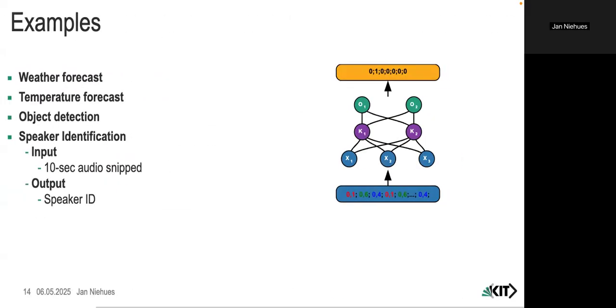And even other things can be very, very similar. Just think about speaker identification. You have a 10-second audio snippet, and you want to know who's speaking. So again, a 10-second audio snippet is like a fixed size, so you can put that into some type of fixed size representation, put it through the network, do your speaker ID. Again, this of course only works if you have a predefined number of speakers.